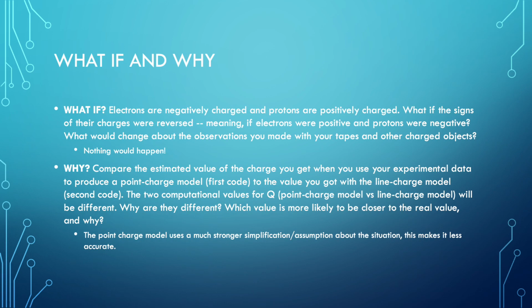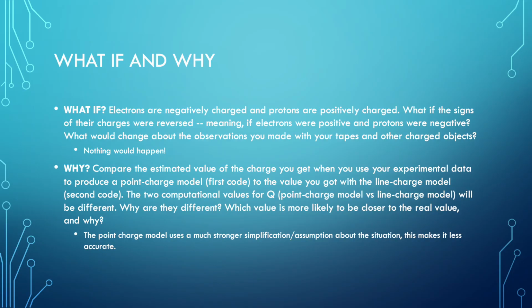So now let's talk a little bit about what if and why. What if the charges of electrons and protons were totally swapped? The answer is nothing would happen in this case, because there's a symmetry between positive and negative, which is portrayed throughout the universe.